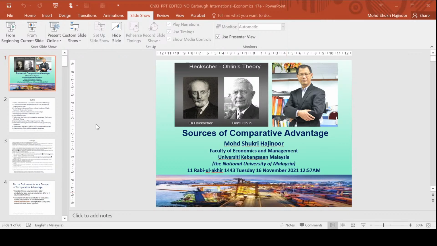Endowment is the same, both countries have more capital, and we assume X is capital intensive. We have to make that assumption. So country A has higher technology. Now the only difference is technology. That's what we mean by ceteris paribus. Country A has higher technology in producing Y, while endowment and taste are the same in both countries.